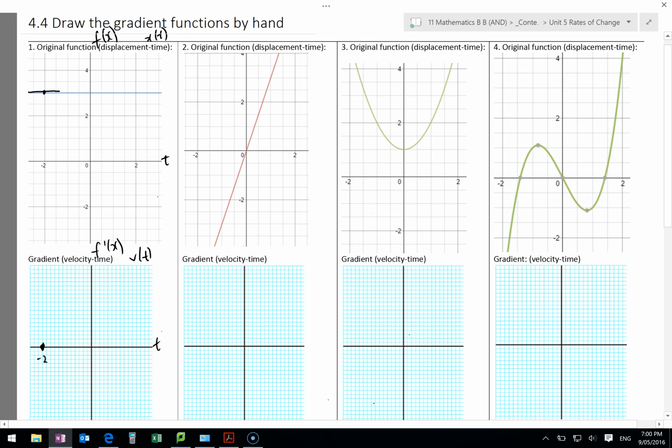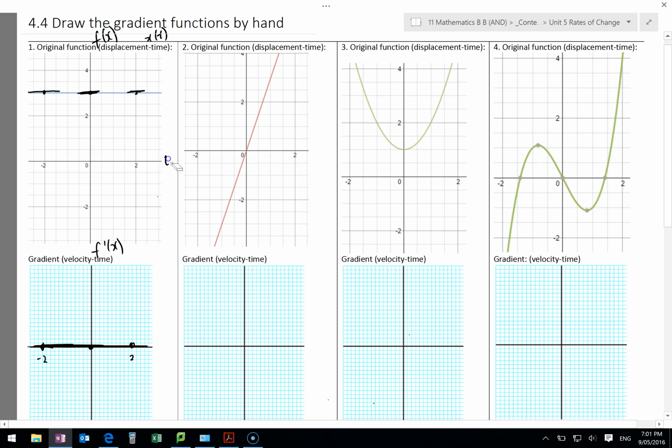Okay, but anyway, so what about at x equals 0? What's the slope here? Oh, it's flat as well. Put a point here, and at x equals 2, the slope's still flat. Or t equals 2, whatever we're calling that variable. So if I was to draw the slope of this function versus time, I would have just a flat line following the horizontal axis.